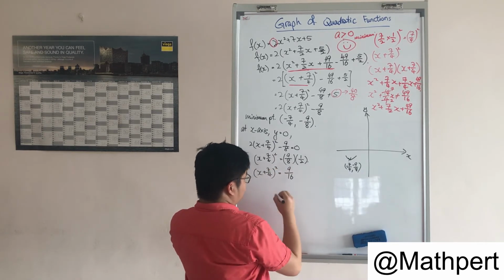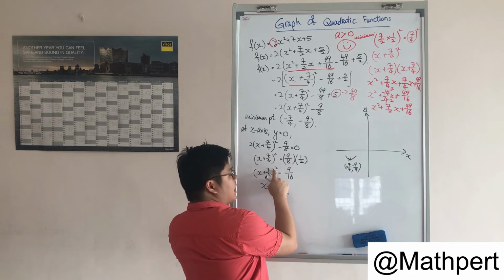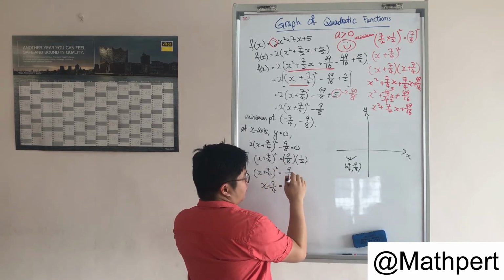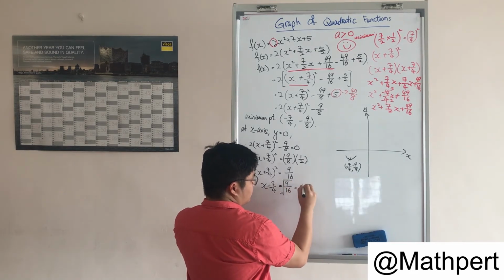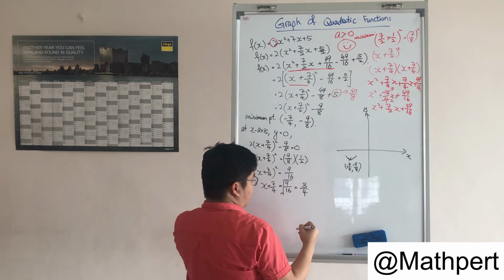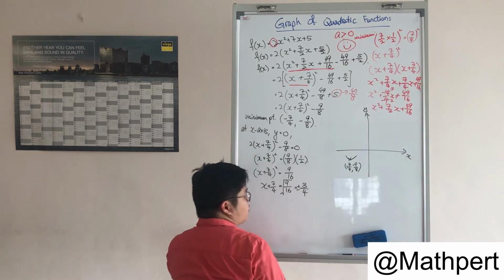So x plus 7 over 4 squared on the left-hand side, moved to the right-hand side, becomes a square root. The square root of 9 over 16 is 3 over 4. So it is plus or minus 3 over 4.